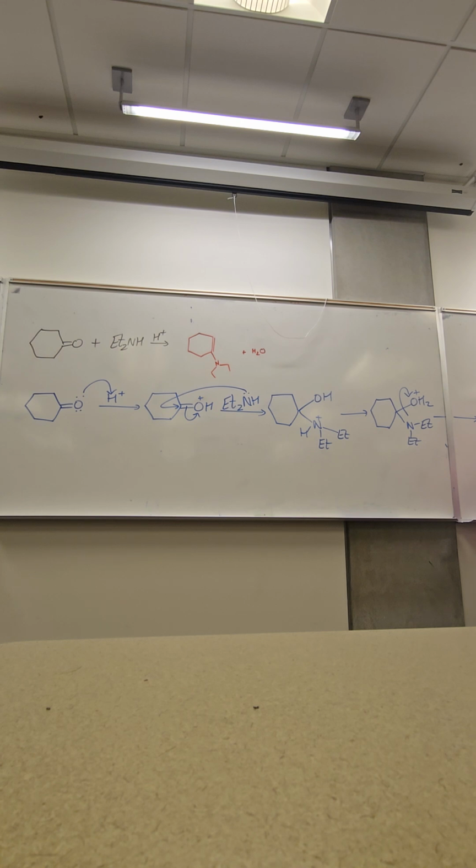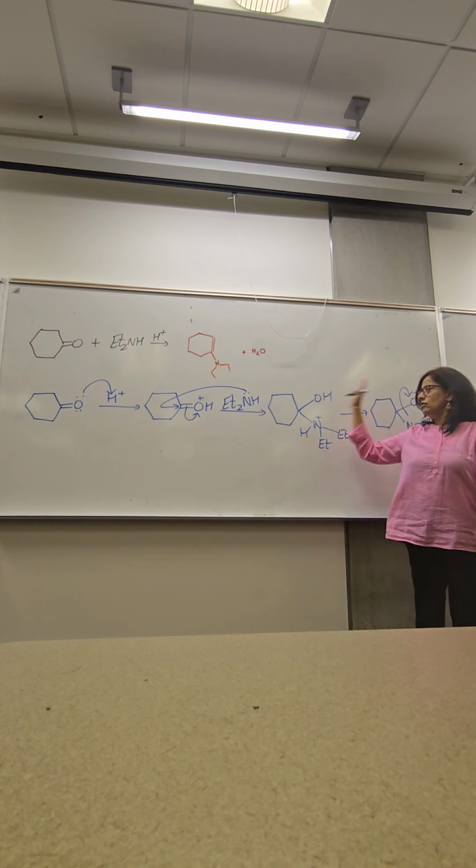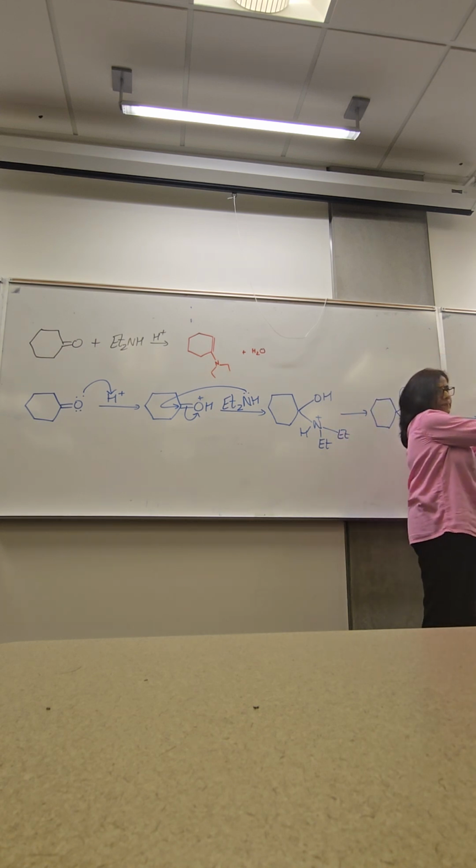This is where the difference is. Remove one of the alpha hydrogens, because there's no hydrogen left here for anything to happen, unlike primary amines. So the choice is one of the alpha hydrogens. Till now, everything's exactly the same.